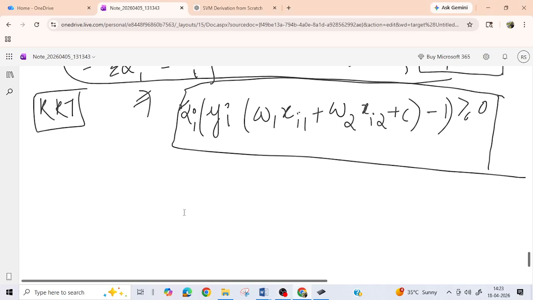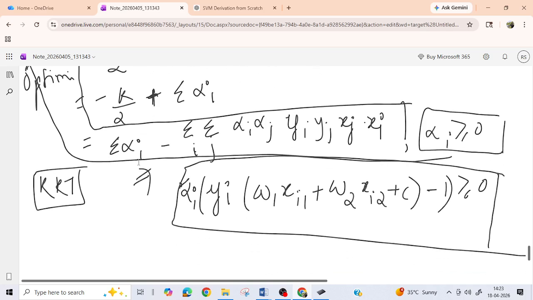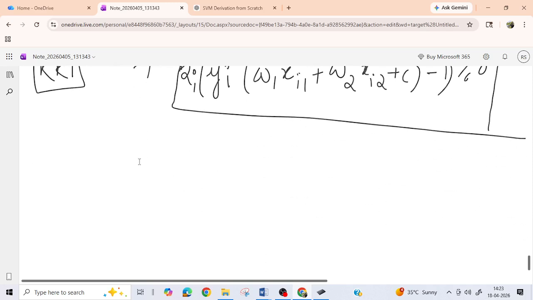Okay, so I was telling that over here we solve and get the value of alpha using some quadratic methods. But even when we get the value of alpha, we need to be cognizant of a few things. So let's write the Lagrangian.